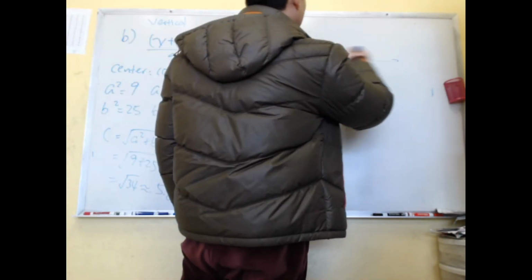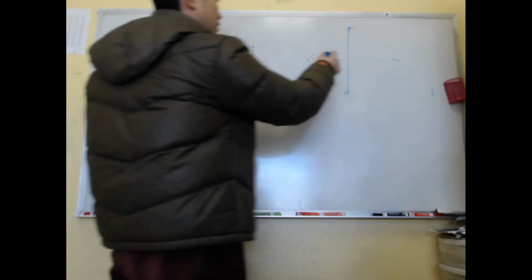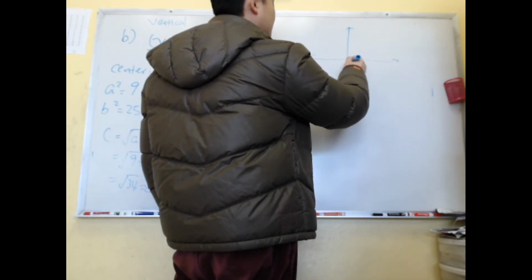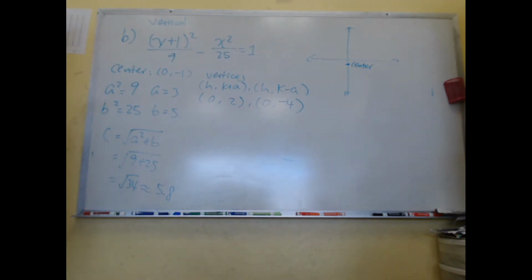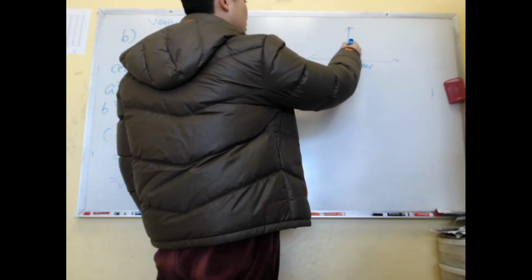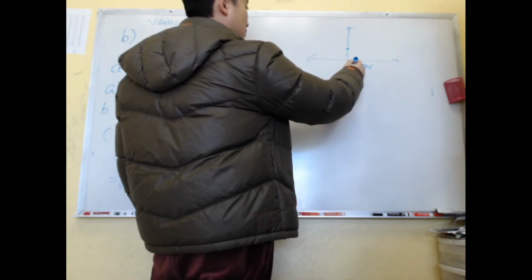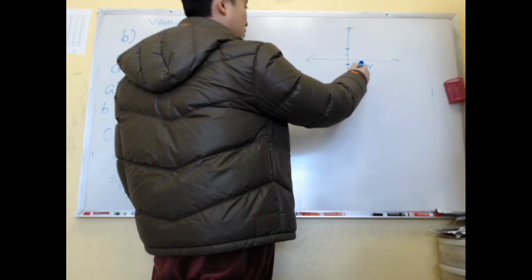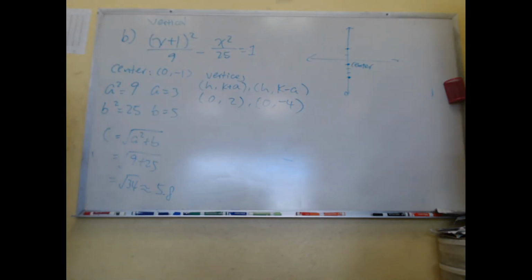Okay, so now let's plot the points first. We got 0, -1, the center. And then 0, 2, one of those vertices. And then the other one is 0, negative 4. You guys see that? Equidistant, right?